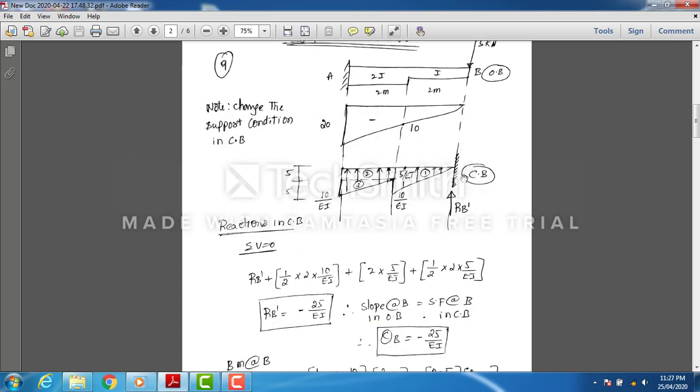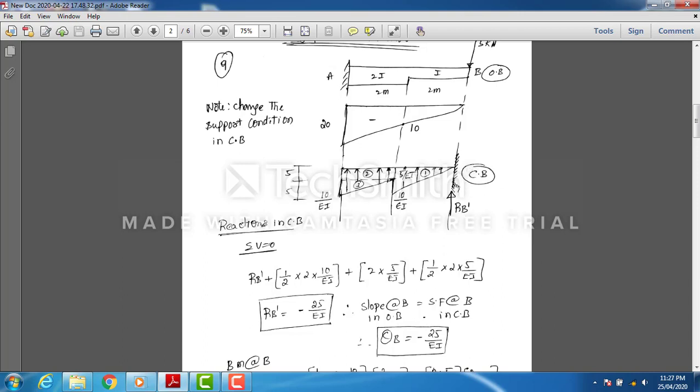In this, point B is fixed. Here we have 3 reactions. Among the 3, sigma HB will become 0. You are left with MB and RB. MB is not required for this problem, but we need RB dash, the only vertical reaction here. For it I will apply the equilibrium equation sigma V equal to 0, the summation of vertical forces.